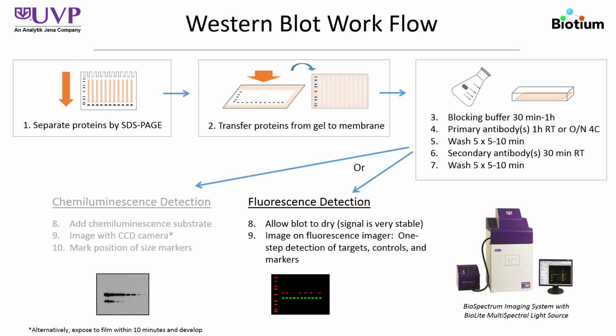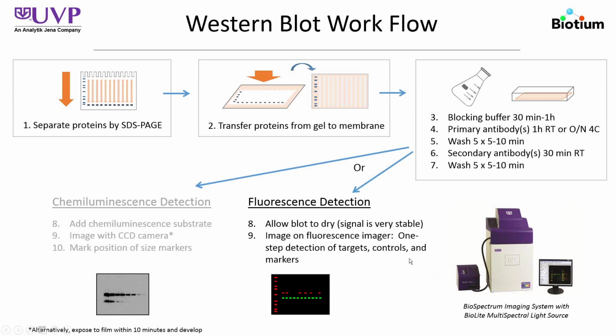With fluorescence detection, the blot is simply dried, and the fluorescent signal is very, very stable. So the blot can be imaged within days, weeks, months, or in our experience here, actually years after performing the blotting.